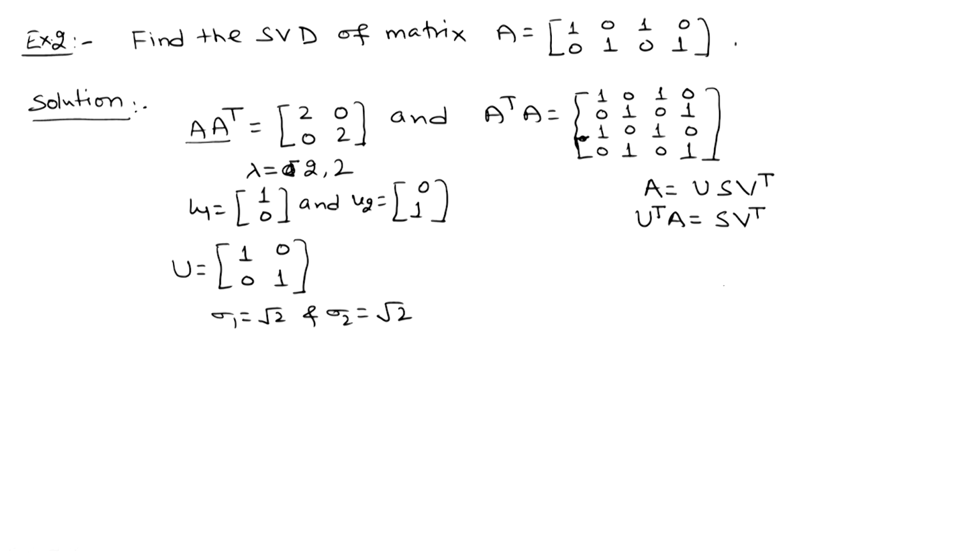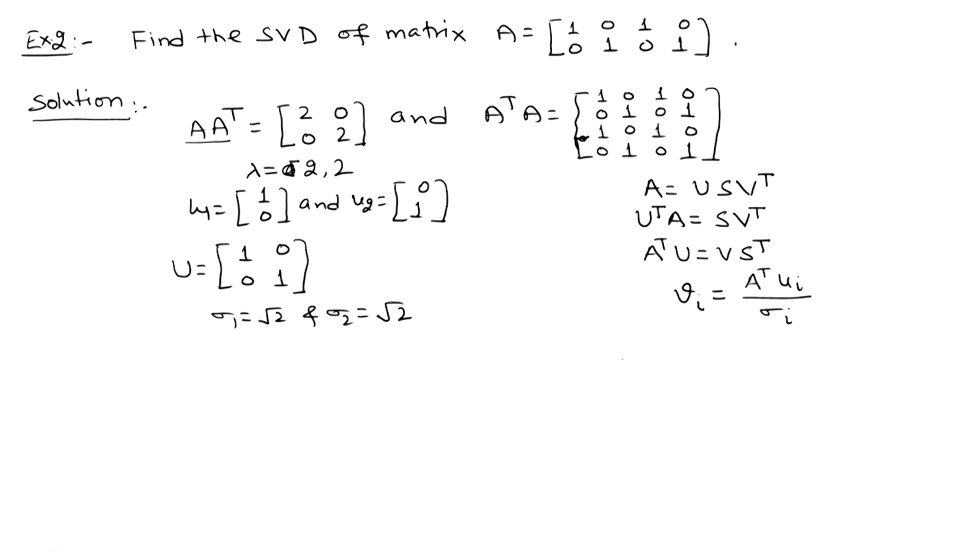In a better way, taking the transpose of both sides, A transpose into U will become V into S transpose. So, from here I can write v_i, that is the column of V, equals A transpose u_i upon sigma_i, because S is a diagonal matrix, so that will come in the denominator.